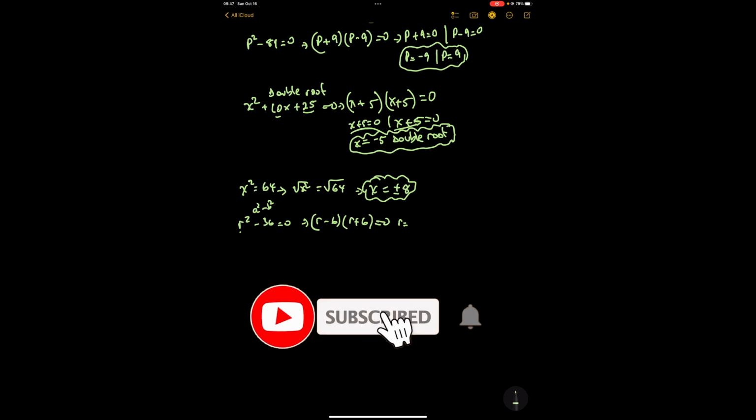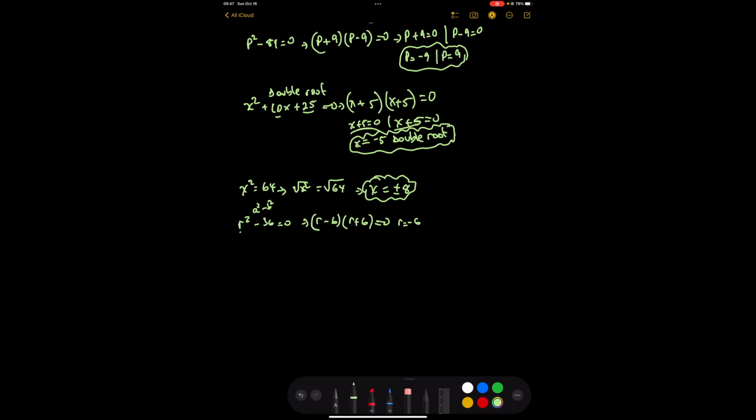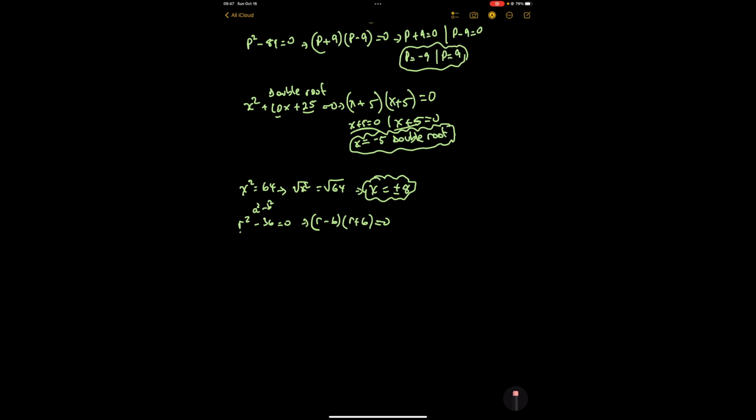I'm going to do every step. That will be r minus 6 equal to 0, or r plus 6 equal to 0. Therefore, r equals 6, or r equals -6.